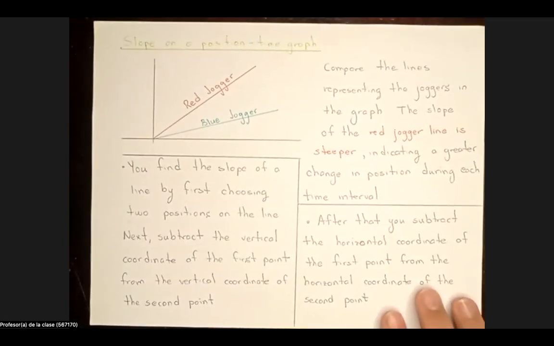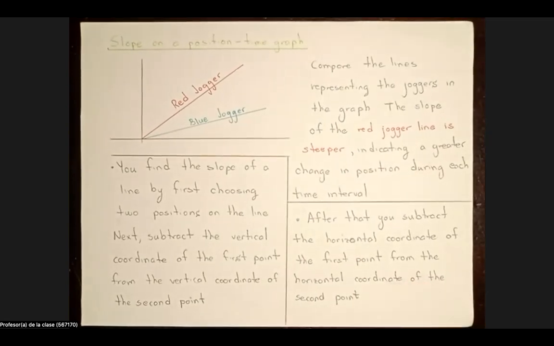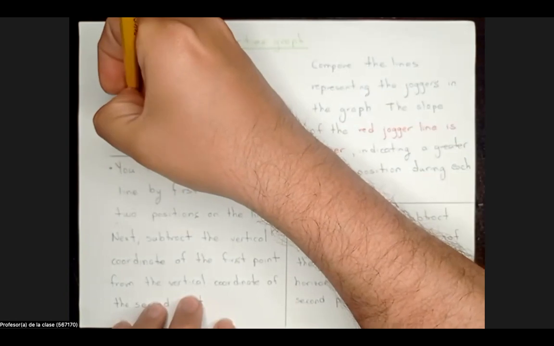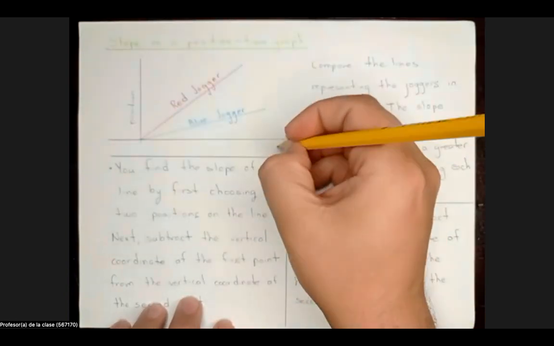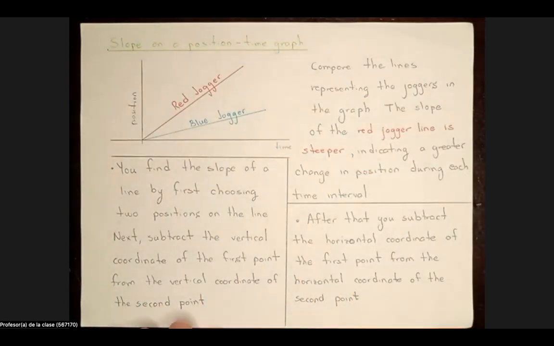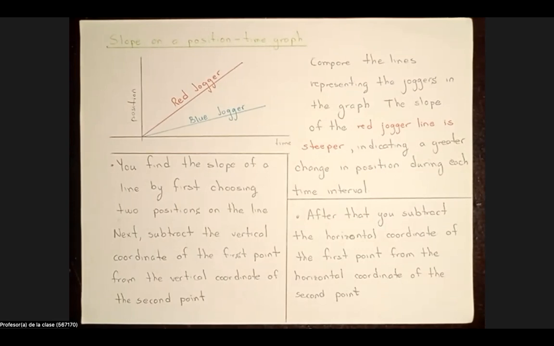As you can see here, we have the position graph. Oh, I forgot. Of course, this is position and this is time. The position-time graph for the red jogger or blue jogger, the difference is the slope.